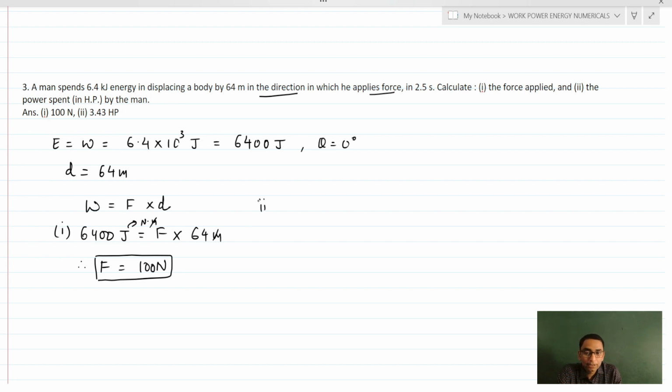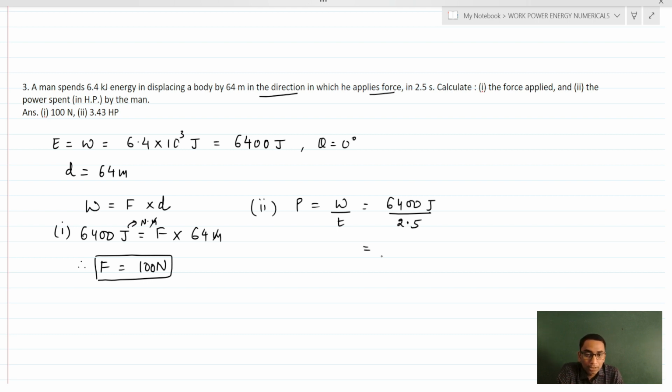The second part states the power spent. Power is basically energy or work upon time. So you just plug in the value, 6400 joules divided by 2.5 seconds.